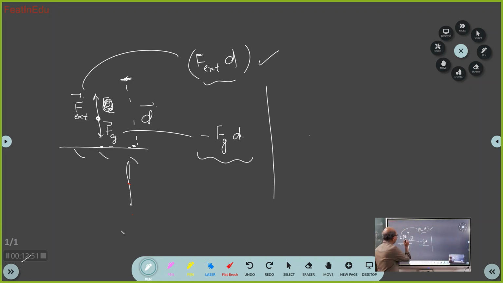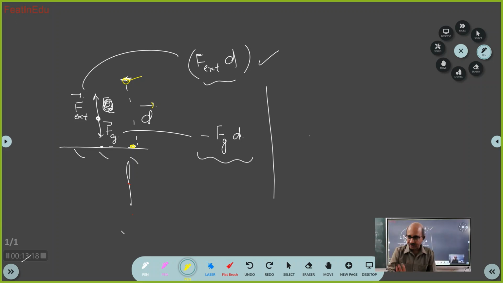Now this body, you see here, this body was here. Now it is here. When the body is at this point, if I leave my hand, what happened here?